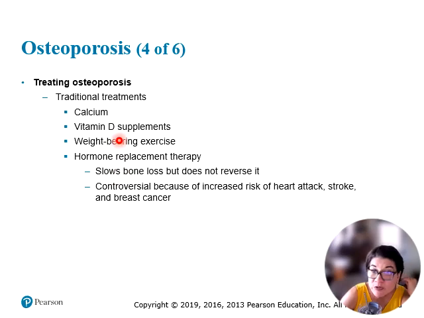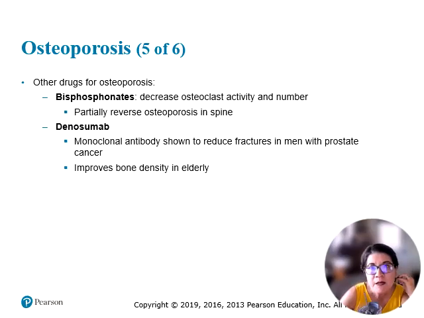It can be treated with calcium, vitamin D, exercising, and there's also hormone replacement therapy, but it's better to just prevent it. Some of these have pretty bad side effects too, that you might have heard of. There are other drugs: bisphosphonates decrease osteoclasts, which makes sense.